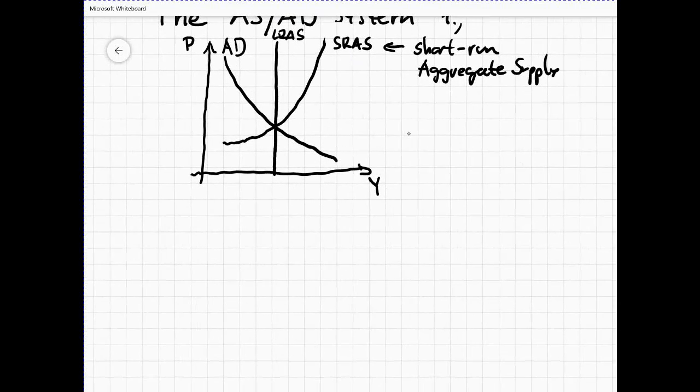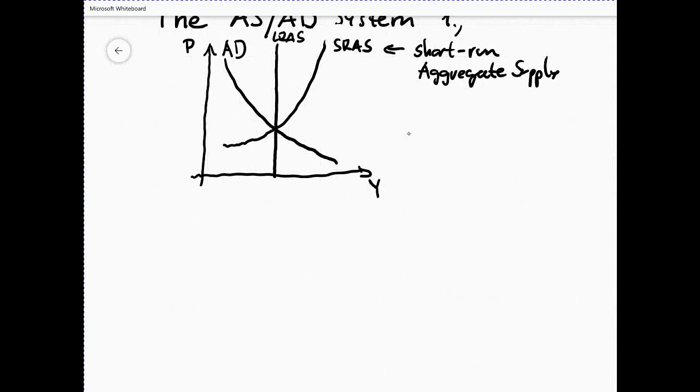What we discussed in the ISLM system is basically the effect of different sorts of demand shocks on the economy. So it is not surprising that it is the ISLM system that we use in order to derive the AD in the ASAD system.